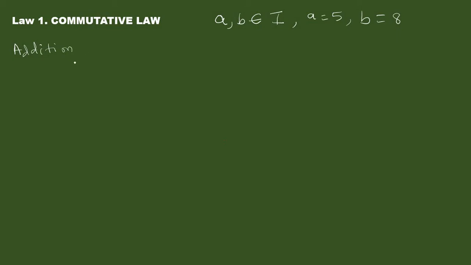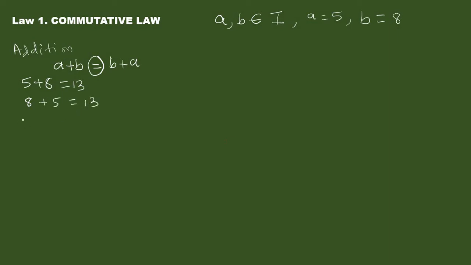Commutativity states that if A plus B is equal to B plus A under addition, it means that addition is commutative. Let's check it out. A plus B is 5 plus 8, and that will give us 13. Check it with B plus A, which is 8 plus 5. It's also 13.